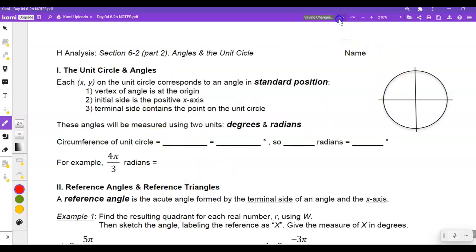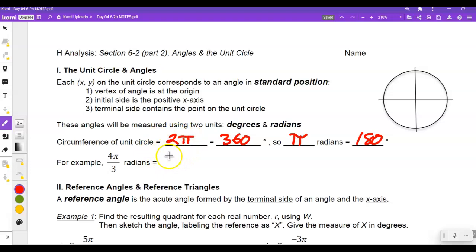Which, as we remember, is the same as a full circle or 360 degrees. So we're going to do a little bit of practice going back and forth between radians and degrees and keeping that straight in our minds. If a full circle is 2 pi, then half a circle is pi radians and 180 degrees. So if we needed to, we can convert from one to the other.